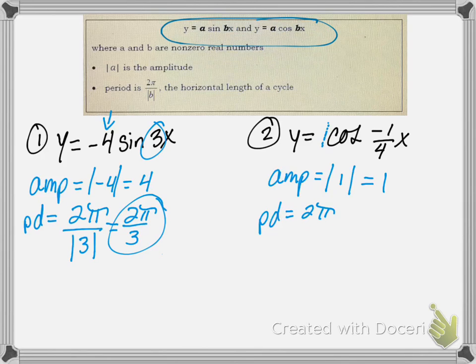So I have 2 pi over the absolute value of b. B in this case is 1/4. Sorry that my screen is jumping around. So let's continue solving this. So absolute value of negative 1/4 is a positive 1/4. Now I have 2 pi divided by 1/4.